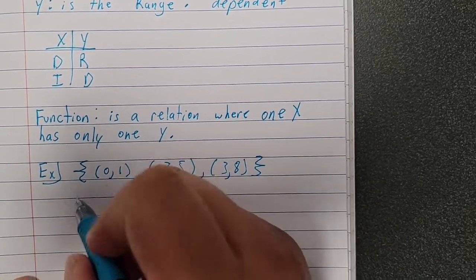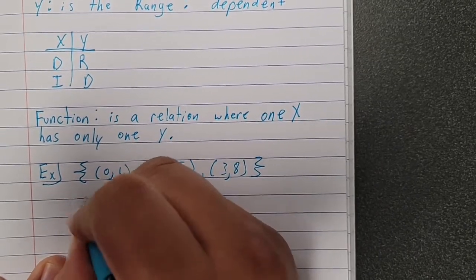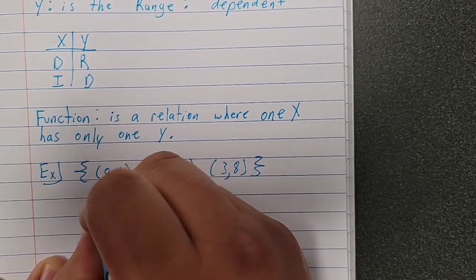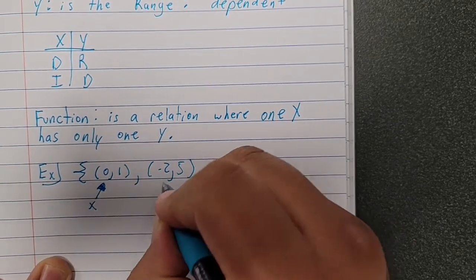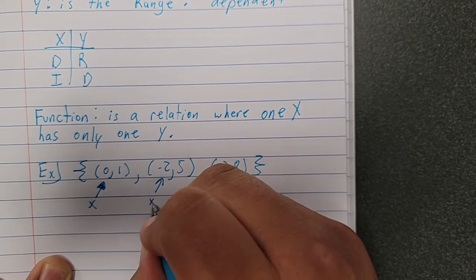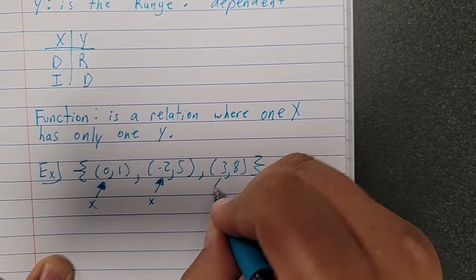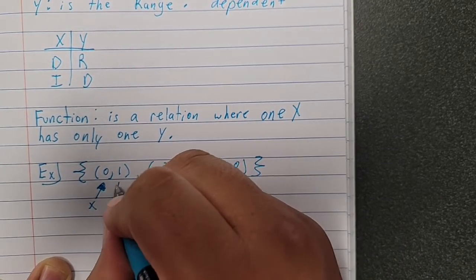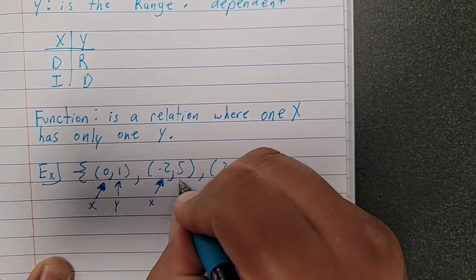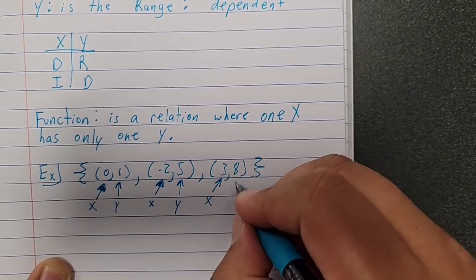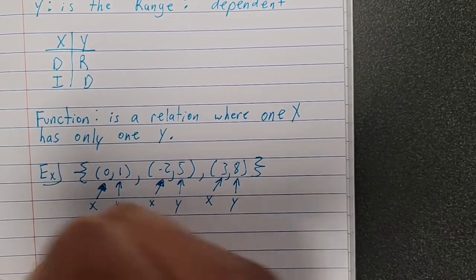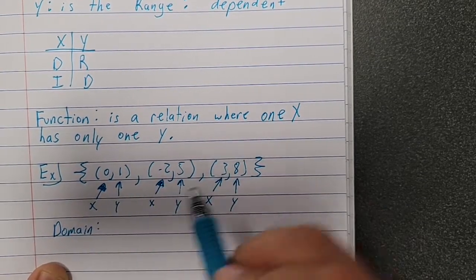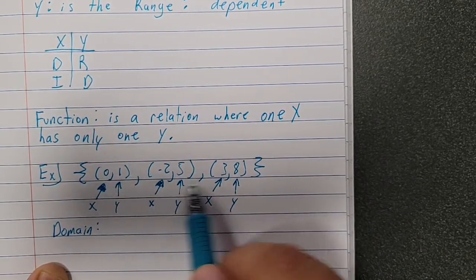Now, first thing we have to do is look at the domain. All of these numbers are the X's. This is the X right here. This is the X. And this is the X. This is the Y, the Y, and the Y. So my domain is {0, -2, 3}.